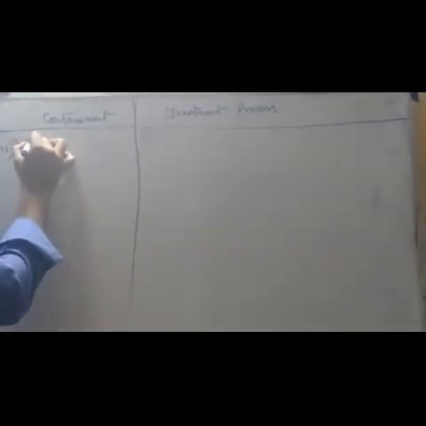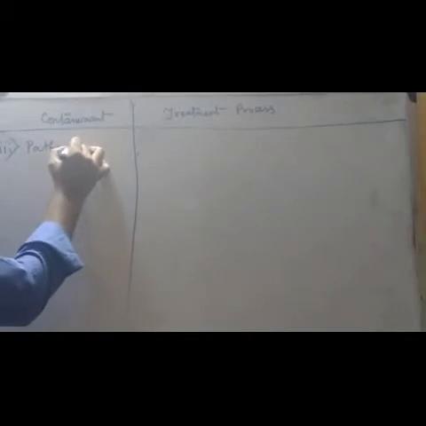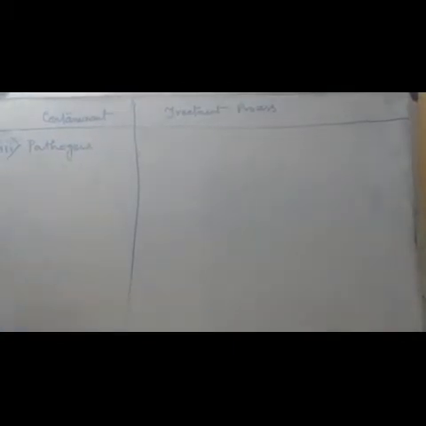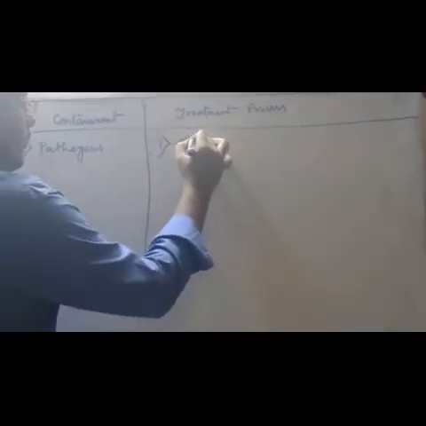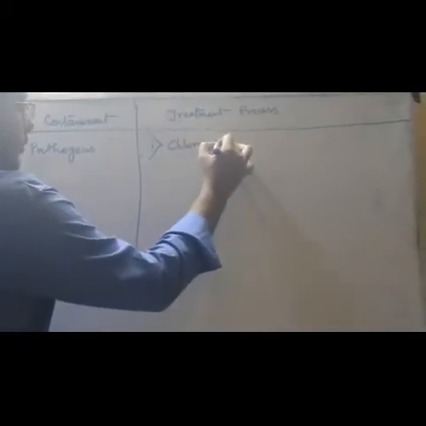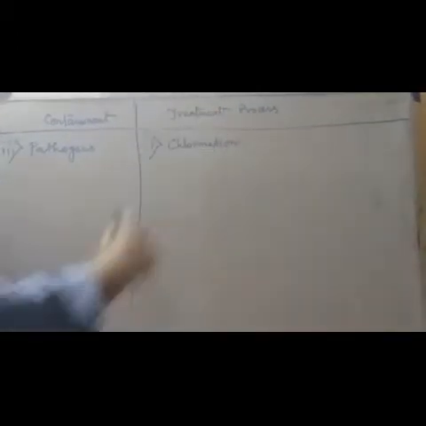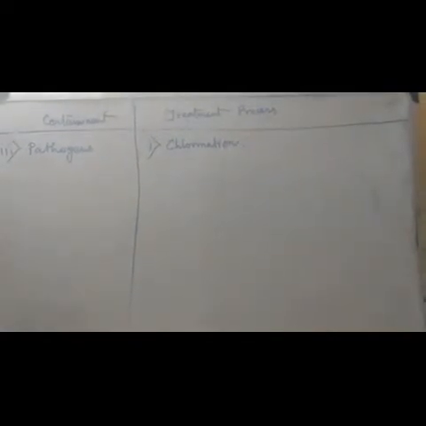Okay. Now, please come to the next contaminant, that is pathogens. Number 3 is pathogens. If pathogens are present in the wastewater, then the first treatment process is chlorination. The second one is hypochlorination.